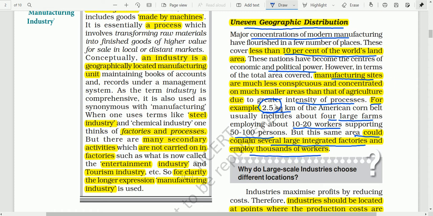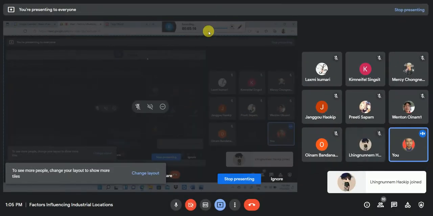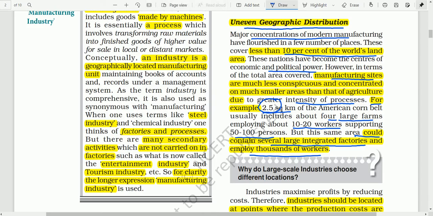If we construct industries here, then several integrated factories can be established employing thousands of workers, more than 10,000, 20,000, even reaching up to 15,000 workers. So this is about uneven geographical distribution of industries on the surface of the earth.